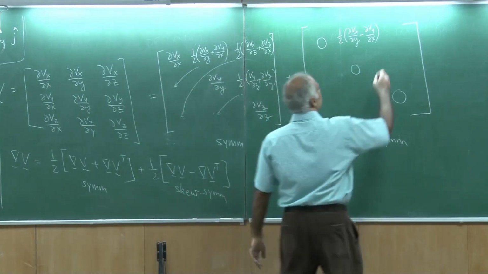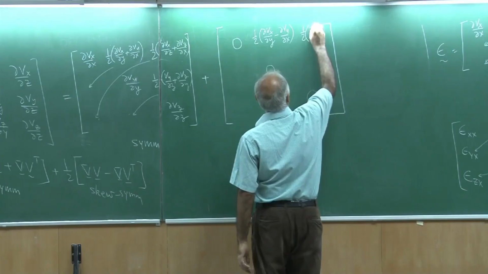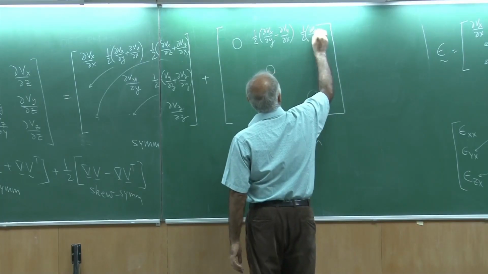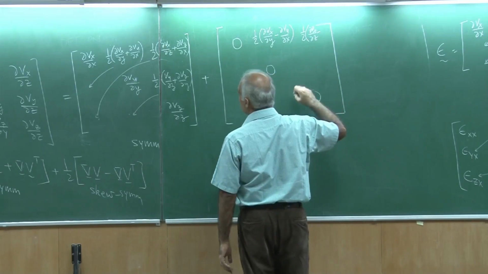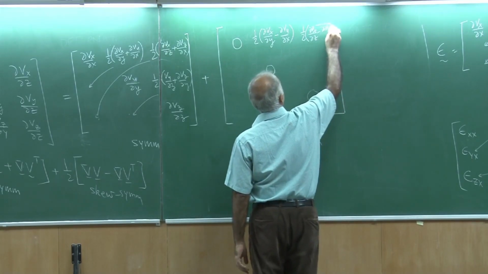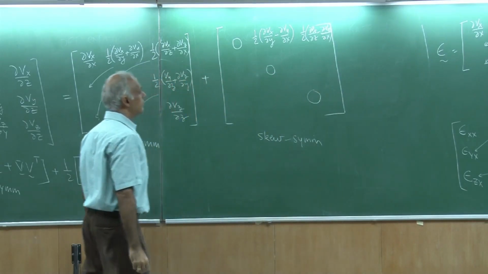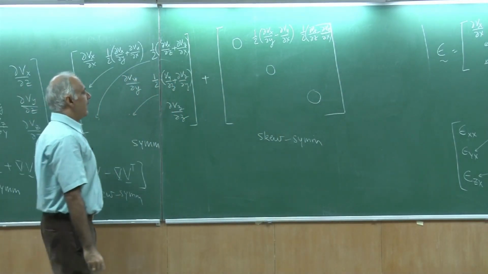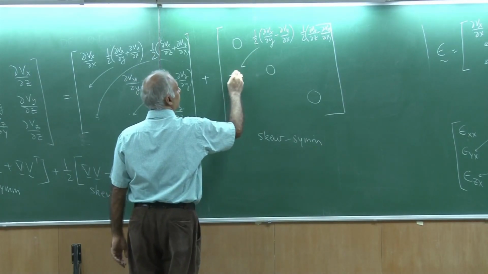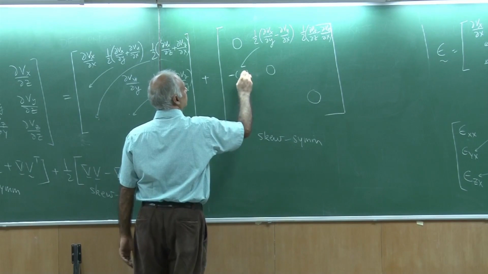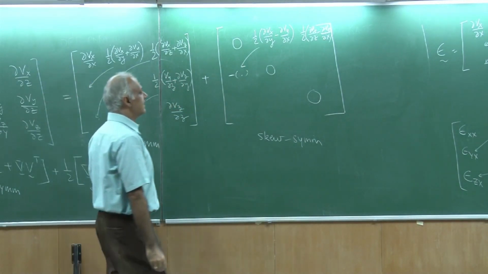The next term here I could simply write it as half of del Vx by del z minus del Vz by del x. And over here this would be simply negative of this term because it is a skew symmetric matrix.